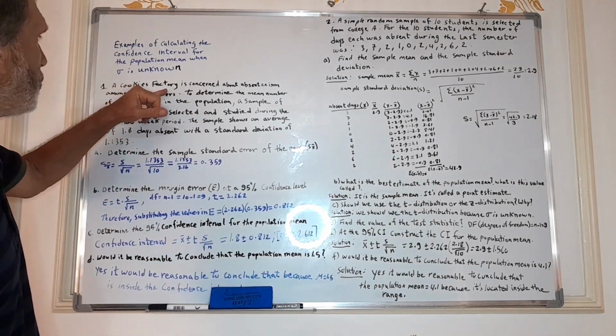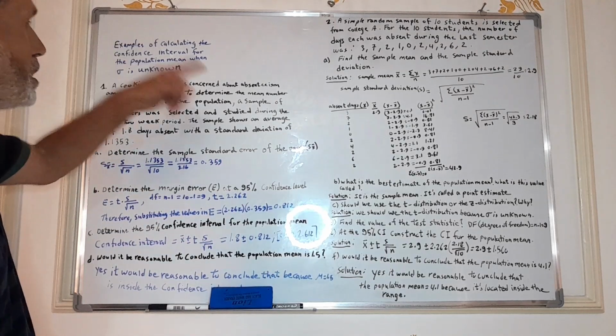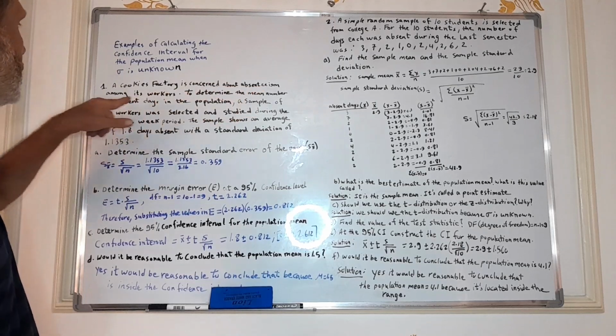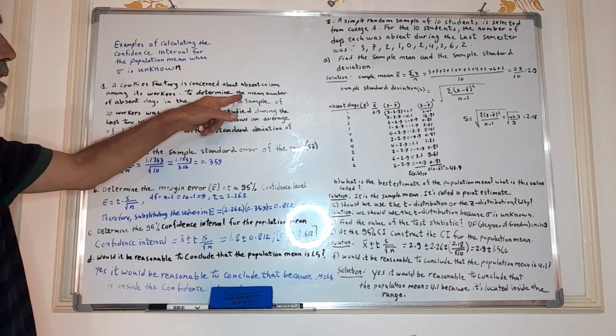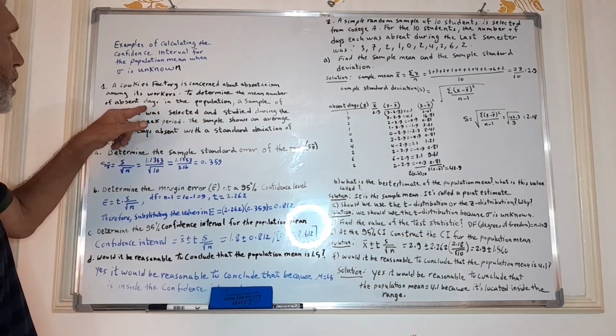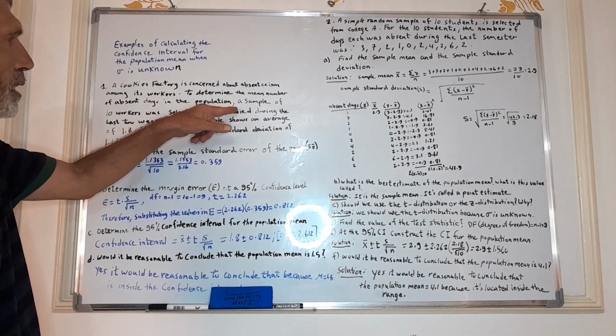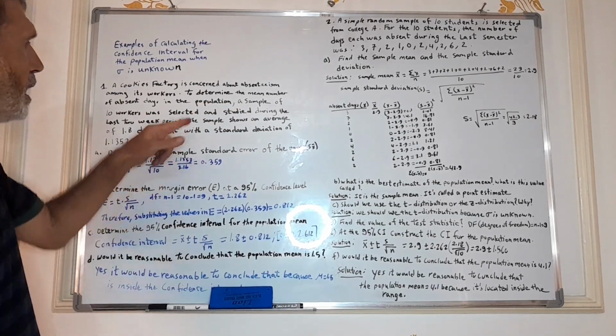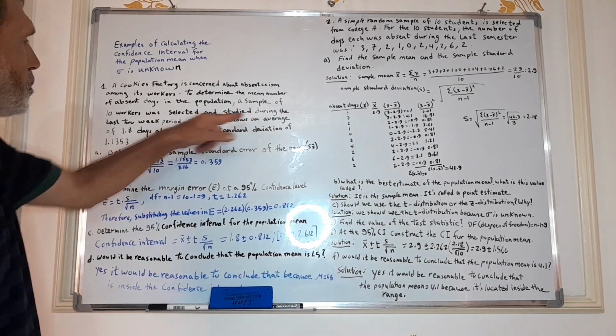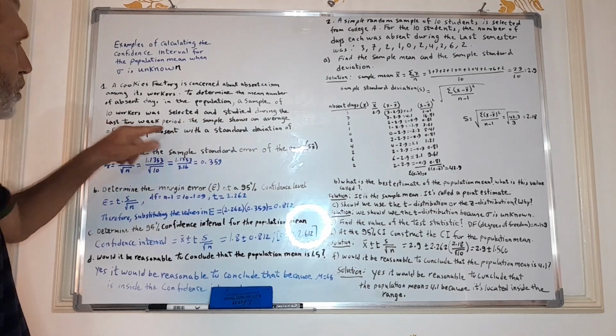A cookies factory is concerned about absenteeism among its workers. To determine the mean number of absent days in the population, a sample of 10 workers was selected and studied during the last 2-week period.